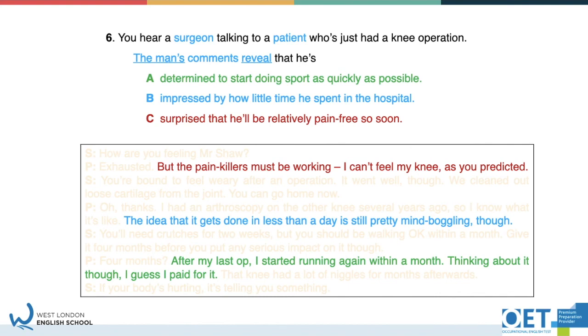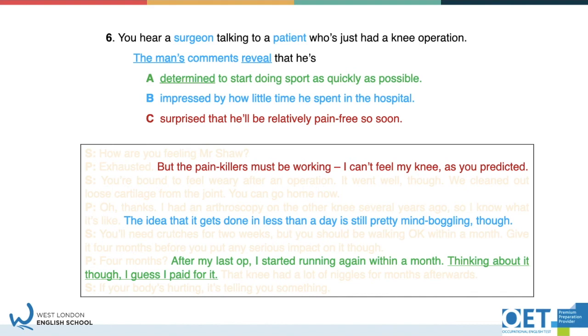So if we start with option A, determined to start doing sport as quickly as possible. Now, it does mention doing sport, running, and as quickly as possible within a month. But is he determined? He says, thinking about it though, I guess I paid for it.